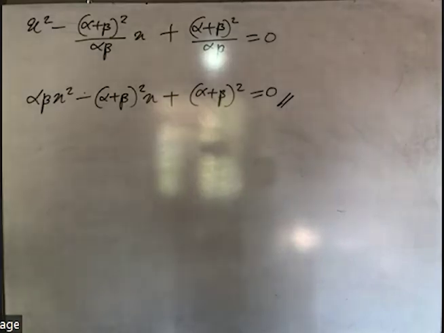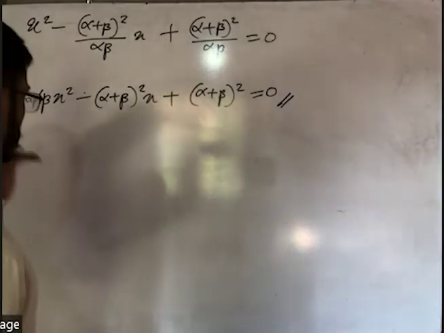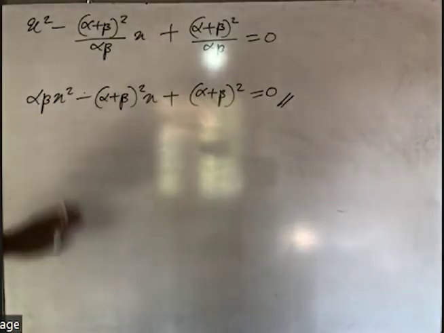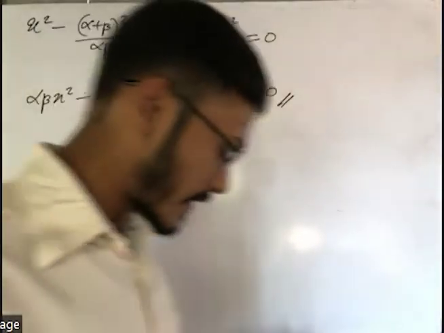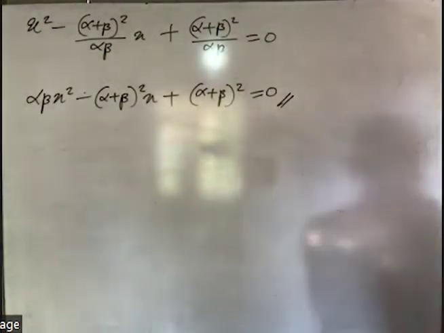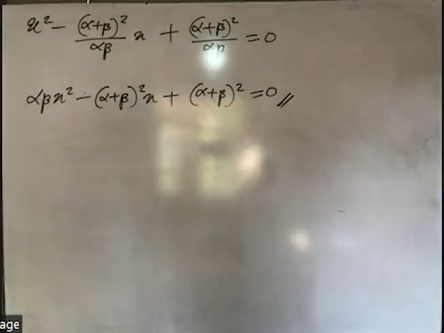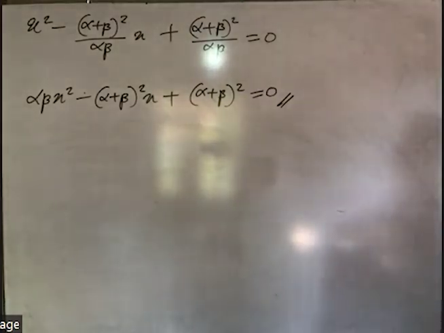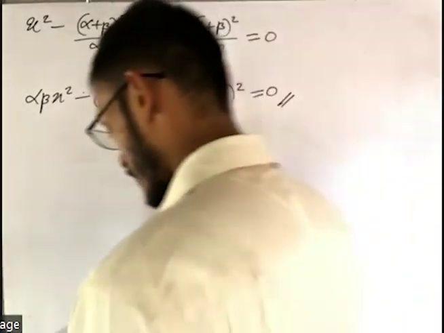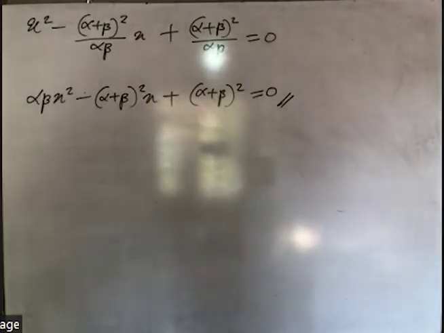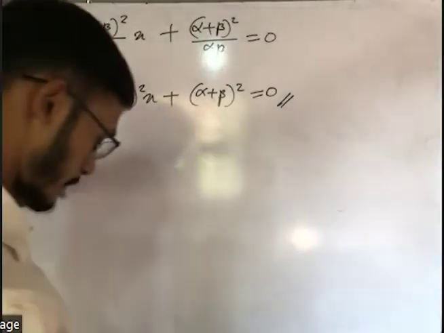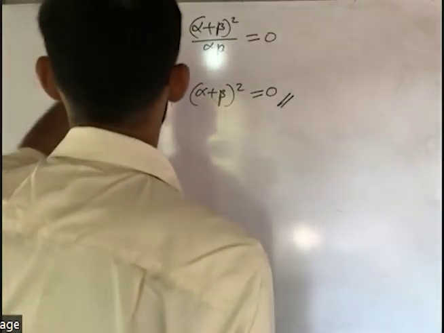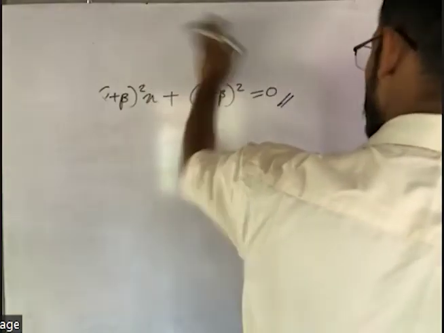Right. Now write down a point. Write down a separate point in red color. Write down if there are equal roots for two different quadratic equations.